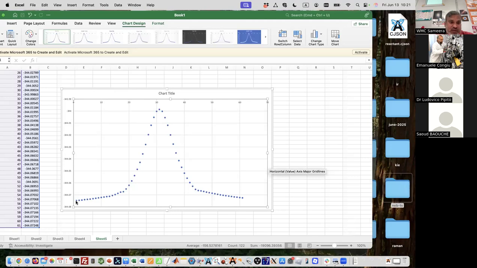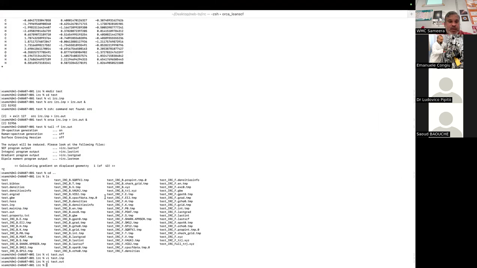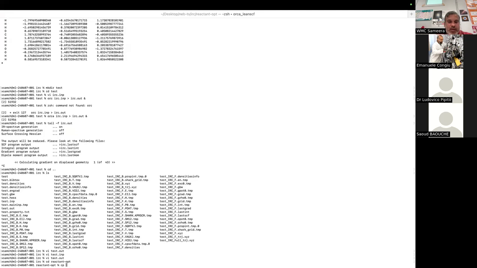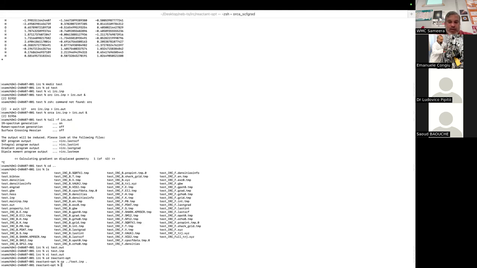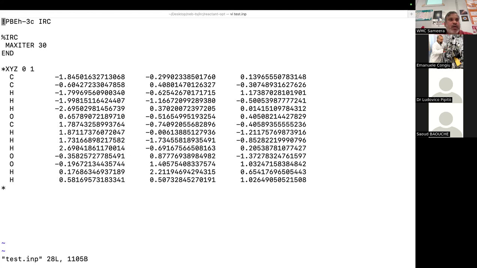So we must start from that point and minimize the structure, and then it will further relax and go to the reactant. You should do the same here. Okay, now let's try to do that. Now we want to optimize it and run frequency.